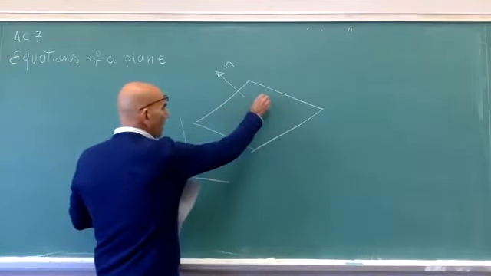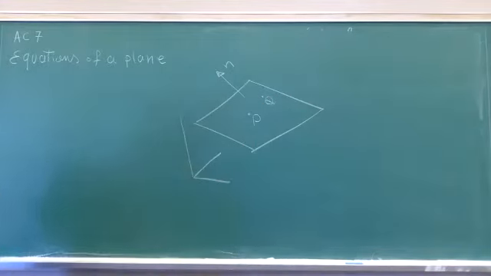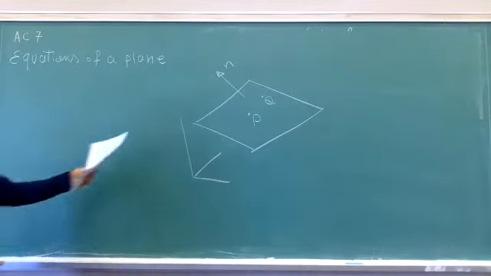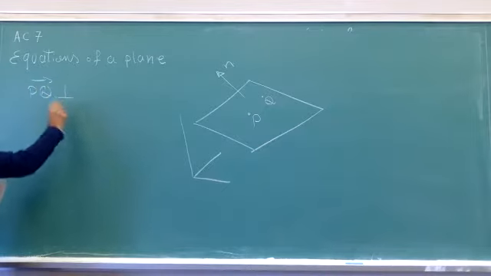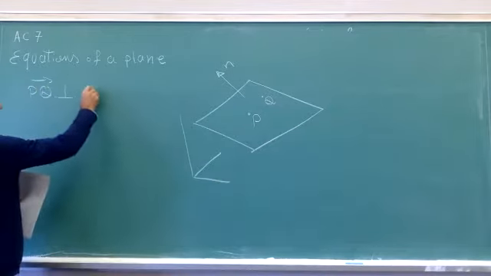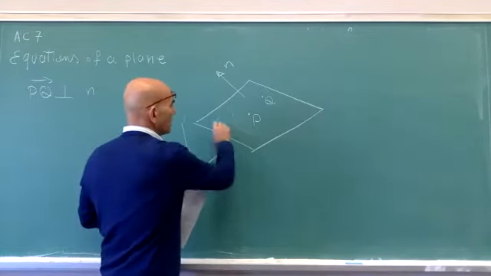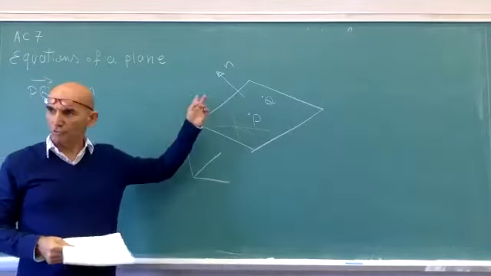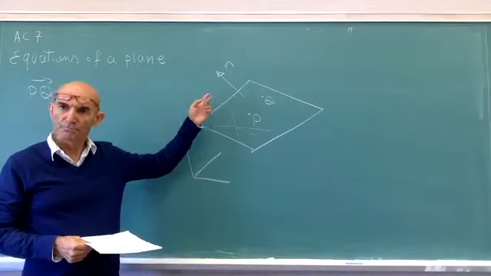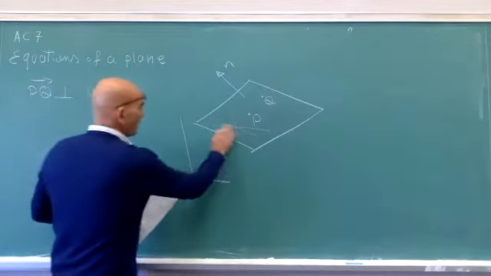Last time I said that any other point Q in the plane can be specified by this equation: PQ is orthogonal to this normal vector n. The idea is that any line that you draw in the plane is going to be orthogonal to this normal line n, right?